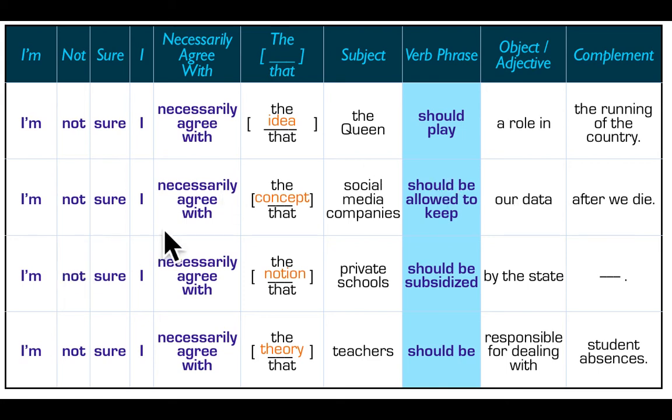"I'm not sure I necessarily agree with the notion that private schools should be subsidized by the state." Subsidized means the state or the government pay a percentage of their costs. Not the total, but a percentage. "I'm not sure I necessarily agree with the theory that teachers should be responsible for dealing with student absences."